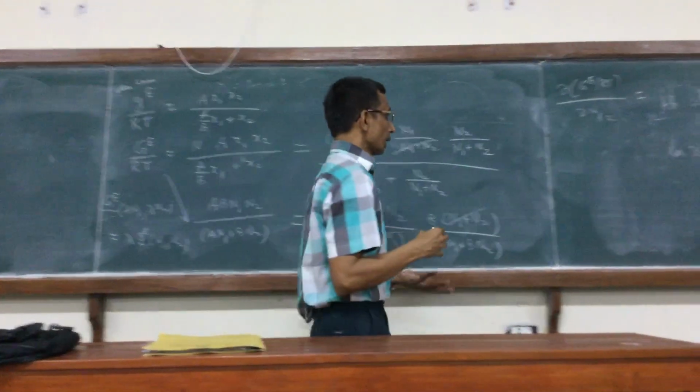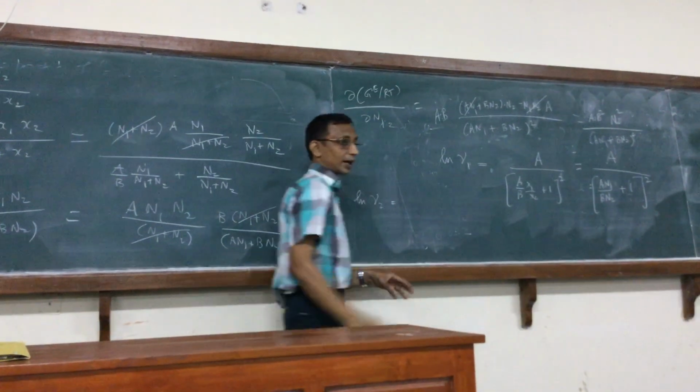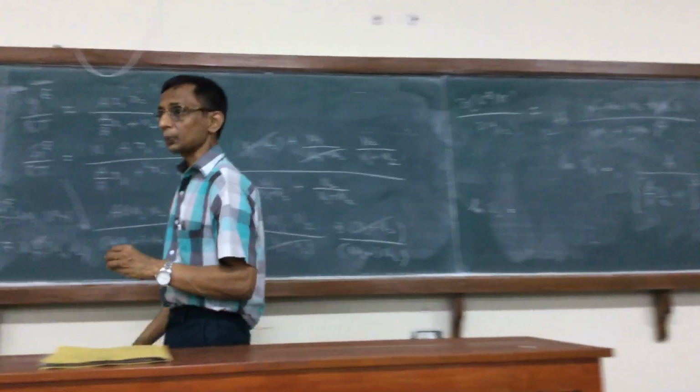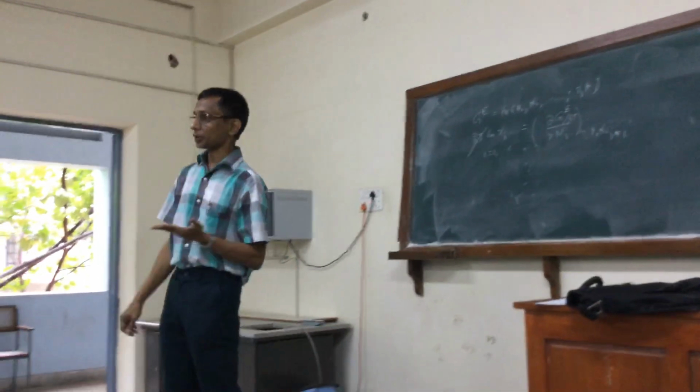Now another method, I am going to write log gamma 2, the expression for that without any proof, simply by inspection of the expressions for the corresponding partial molar property.